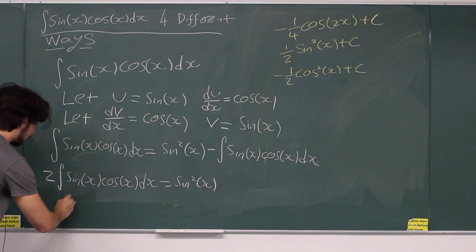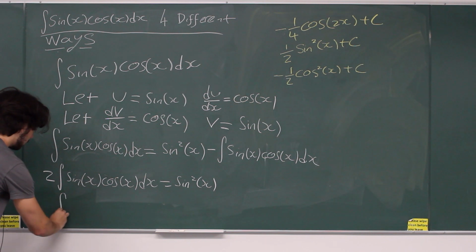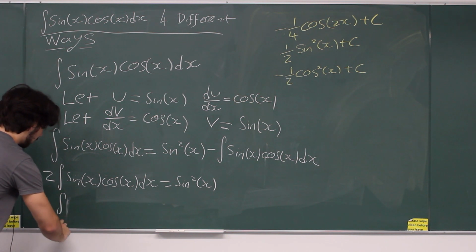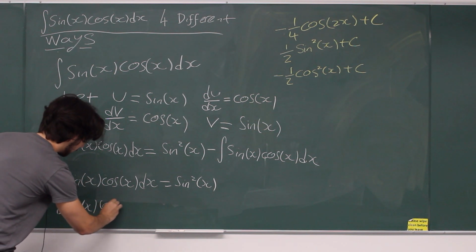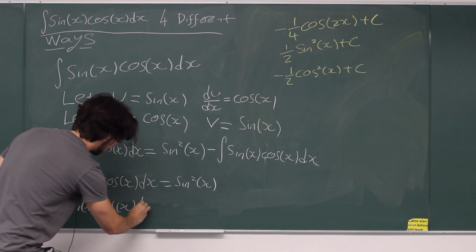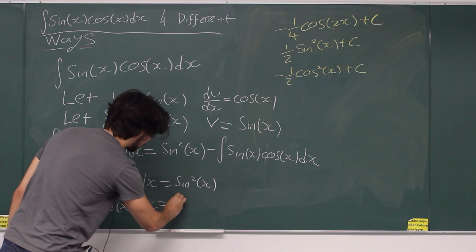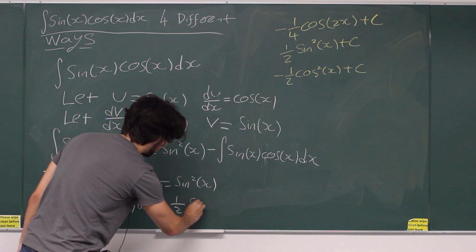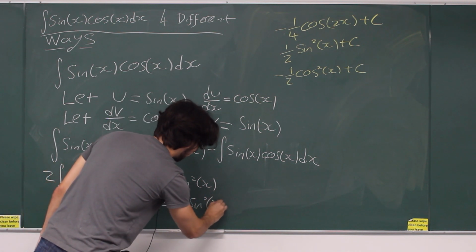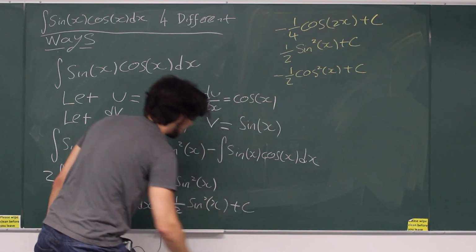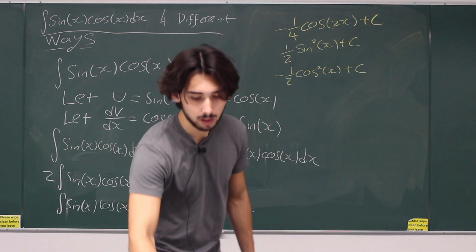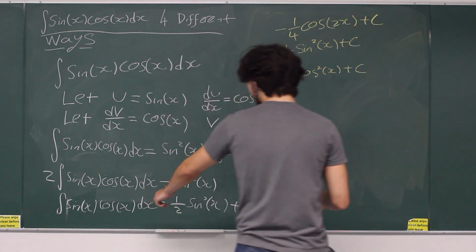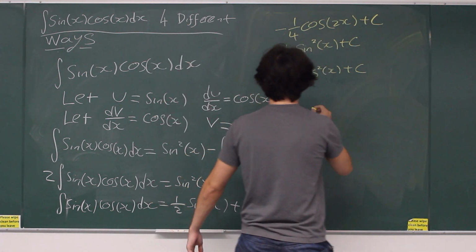So dividing both sides by 2, we have that the integral of sine x times cos x with respect to x is going to be 1/2 sine squared x. And I'll put the plus c right there. You could put the plus c a couple of steps higher, but it's fine. So we have 1/2 sine squared x plus c.